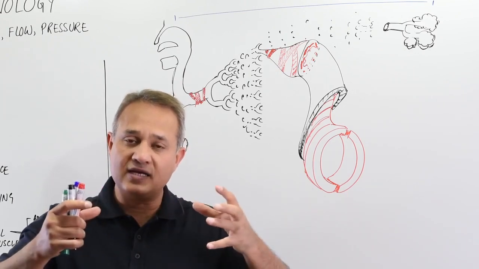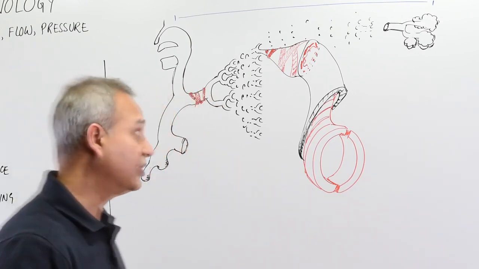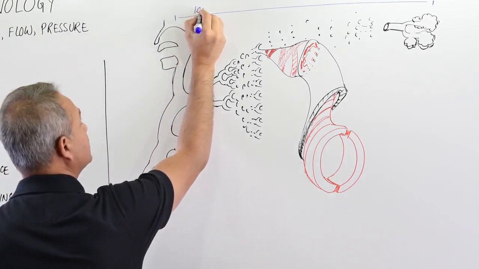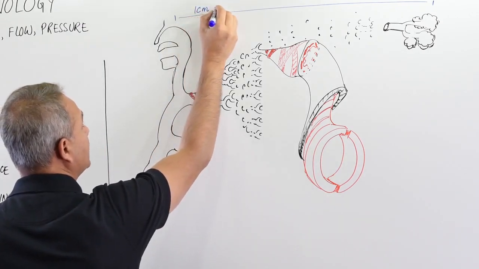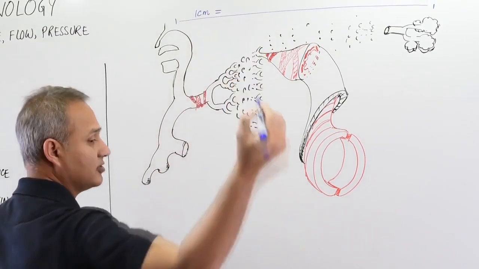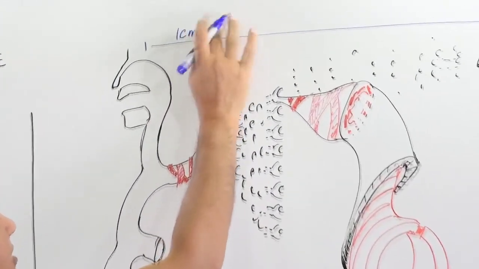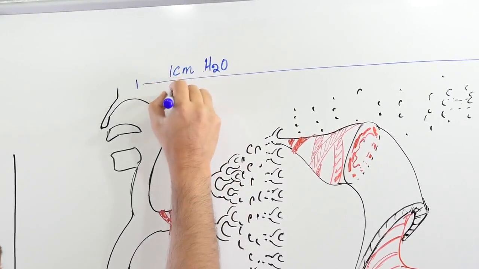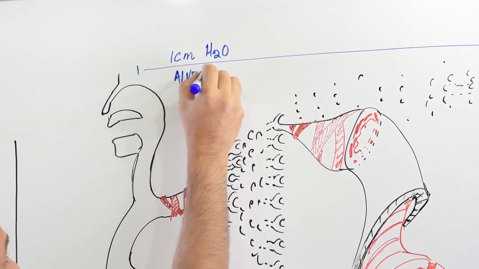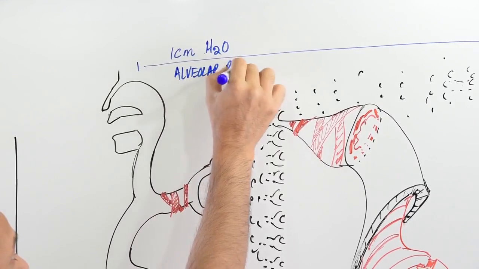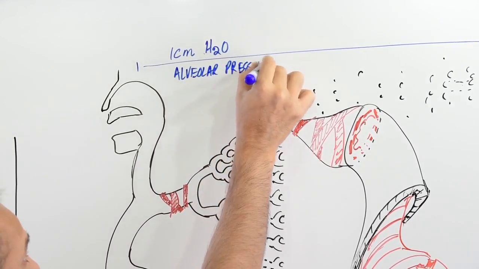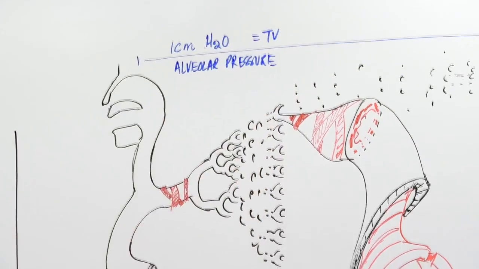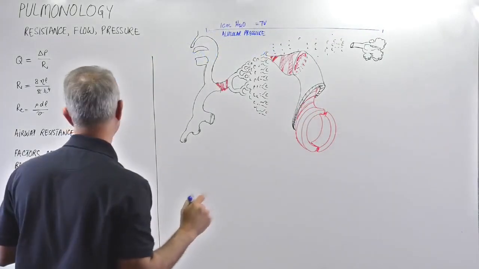The lungs slowly expand, but that is the amount of air that can go in. So a 1 centimeter of water change of alveolar pressure can cause a tidal volume to move in or out. So keep that in mind.